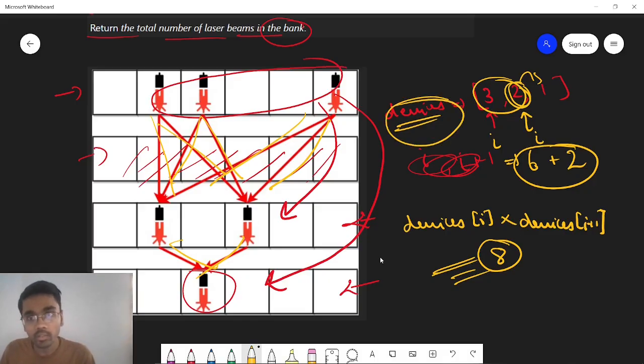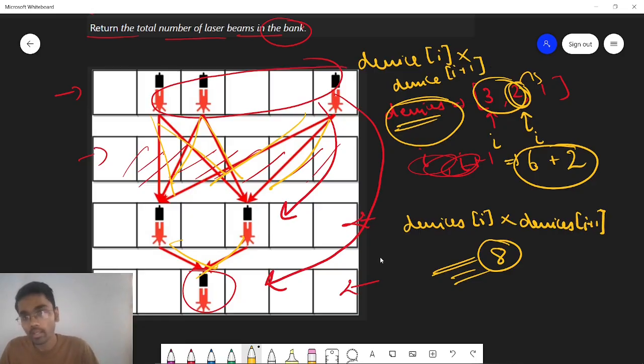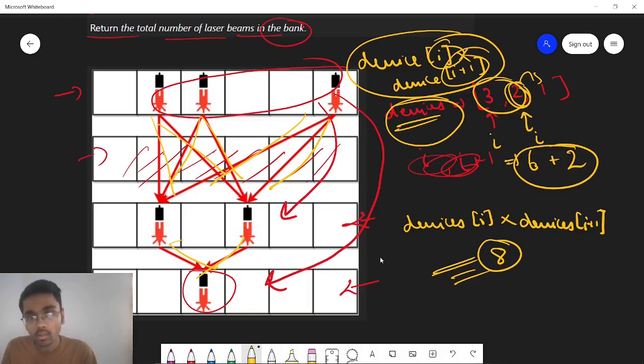Then iterate over this devices array. Just multiply devices of I with devices of I plus 1th row, whatever you say. That will be the total number of beams formed by these 2 rows, I and I plus 1. So this is the solution.